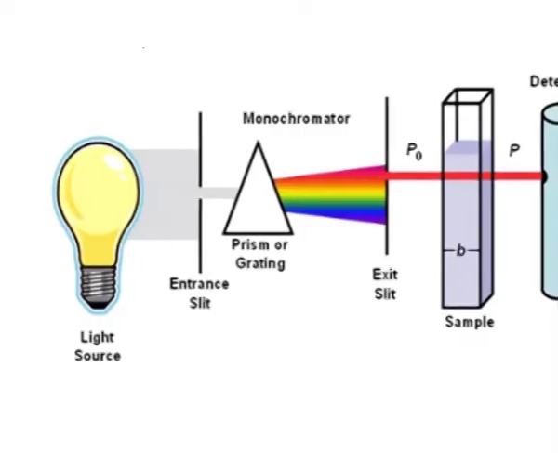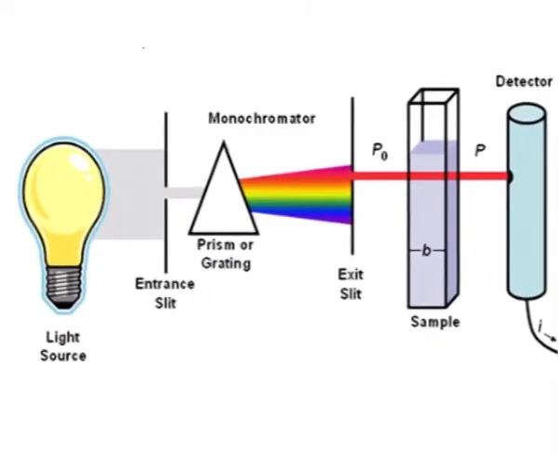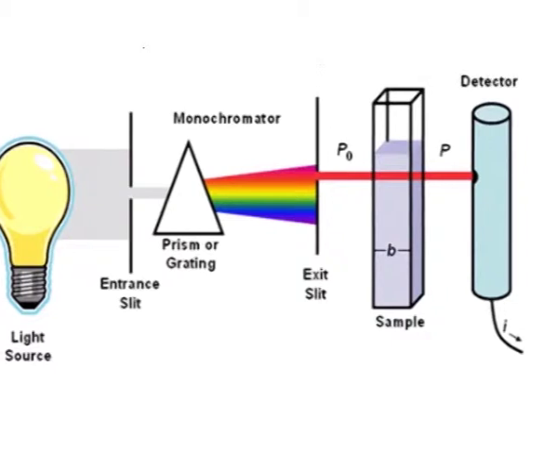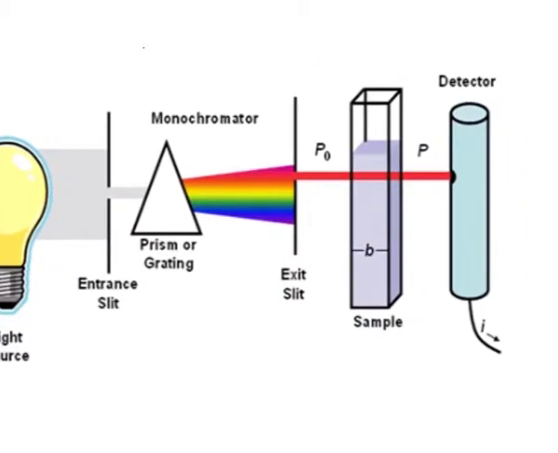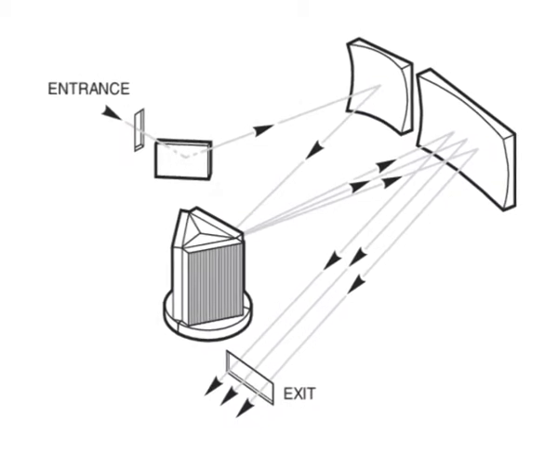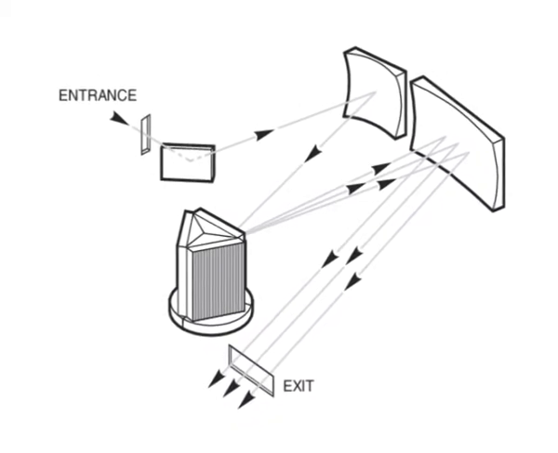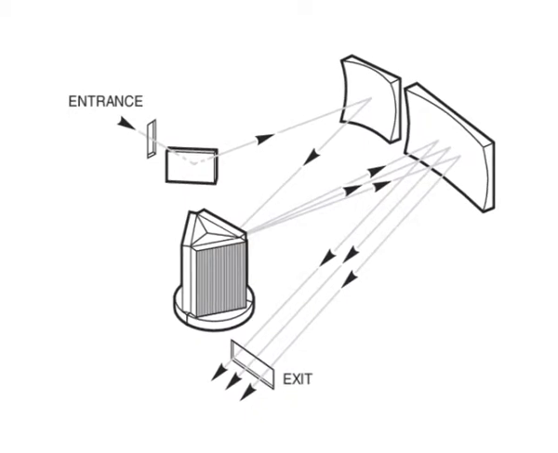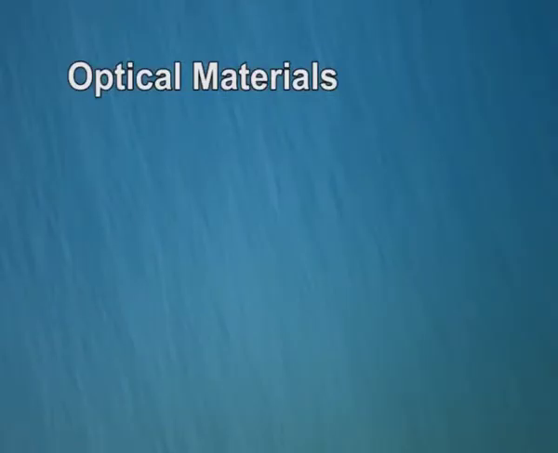Focusing devices. Combinations of lenses, slits and mirrors are known as focusing devices. Variable slits also permit adjustments in the total radiant energy reaching the detector. The Turner monochromators and their variations are combinations of prisms or gratings and focusing devices. Optical materials.